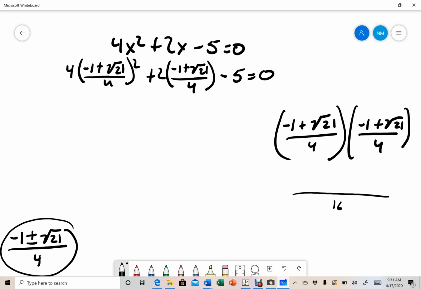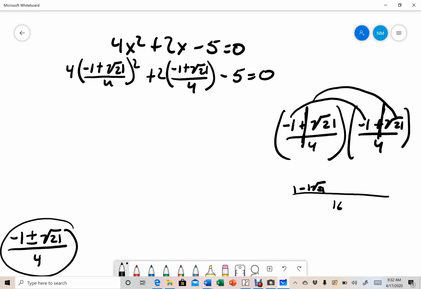But here's where this gets tricky. I've got negative 1 times a negative 1. That's a positive 1, okay? Then I've got a negative 1 times a positive square root of 21. So I've got a negative 1 and the square root of 21, okay? So we're foiling this, all right, just like we normally would, all right? Our first term times our first term, times our last term, and then our last term times our first term.